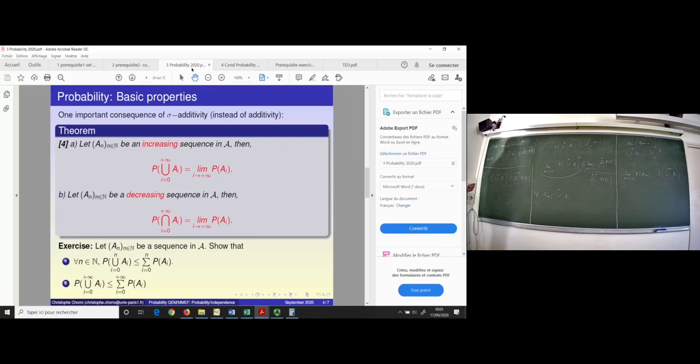One natural way to do the reasoning is to use an induction, and to pass to the limit, use this kind of result, theorem 4. I repeat, it's theorem 4 that I use. Why can I use it? Because I have a sequence Bn that is an increasing one.